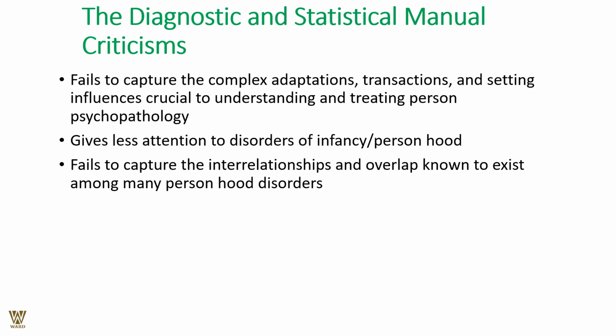It fails to capture the complex adaptation, transaction, and setting influences crucial to understanding and treating the person's psychopathology. It gives less attention to disorders of infancy and personhood, and fails to capture the interrelationships and overlap known to exist among many personhood disorders.